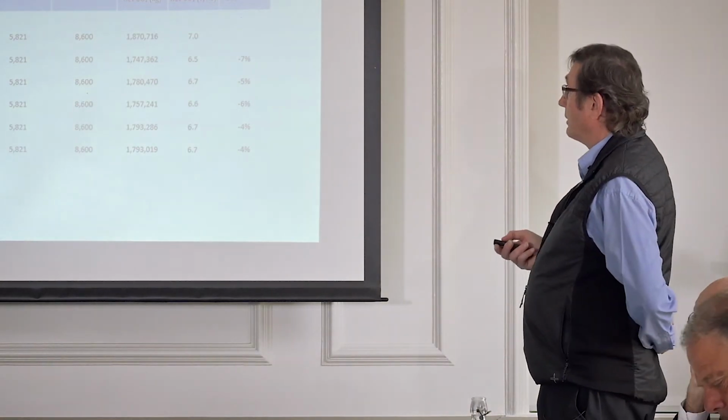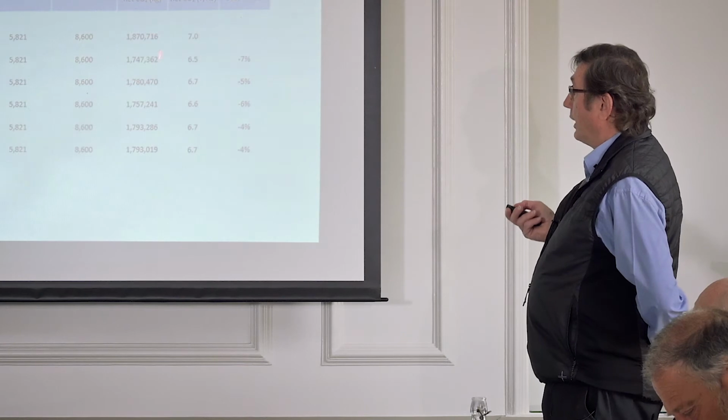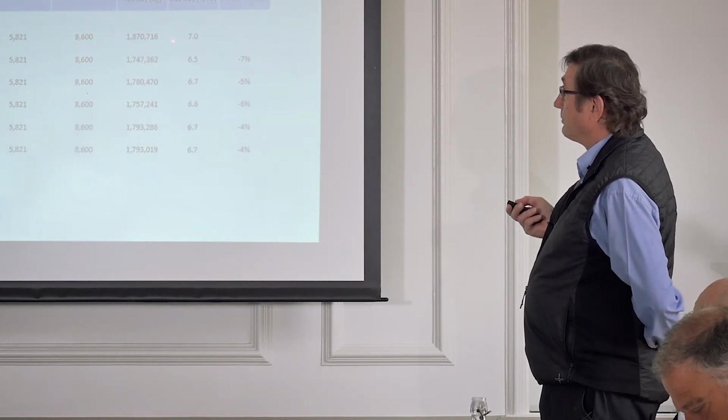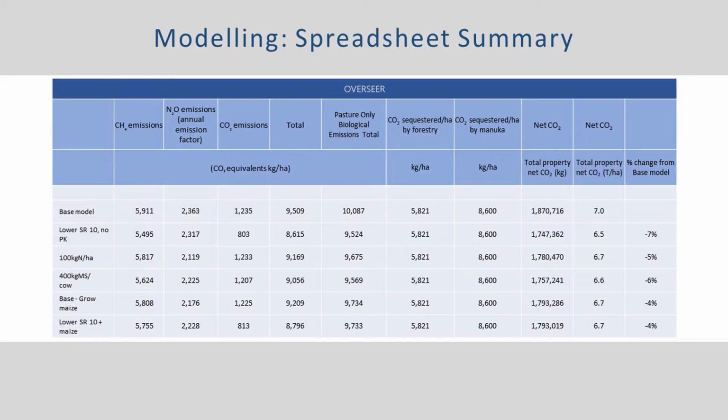And again, I'll talk a bit about that later. So we get our net CO2, which is basically our pastoral less our forestry. And then that's just expressed as tonnes per hectare, just to get it back to English instead of talking about thousands of kilograms. And then that column there is just your percentage change. So how do those scenarios change their greenhouse gas emissions relative to the base?